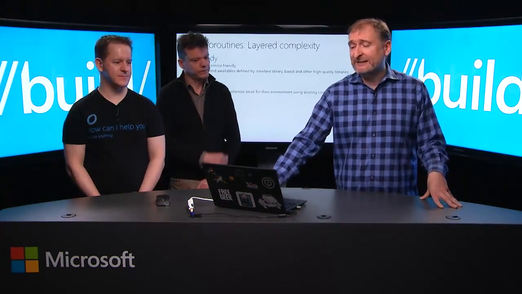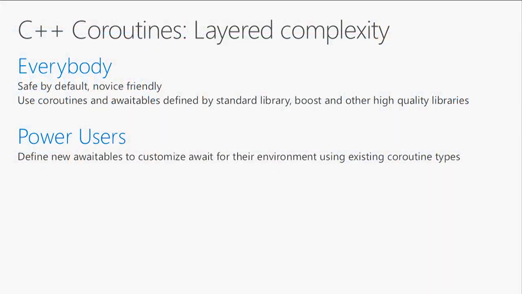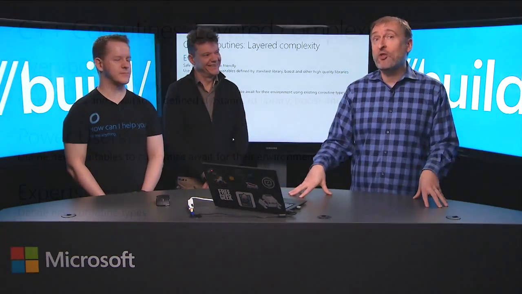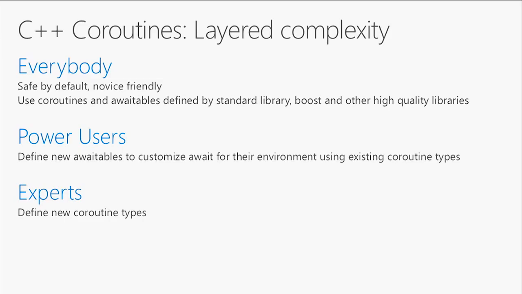But if for some reason you don't like how await is interacting with a particular asynchronous facility, or if a particular library API is not covered with await at all, but you want to await on it, you can write your own. And finally, if you're adventurous, you can learn how to create new coroutine types.